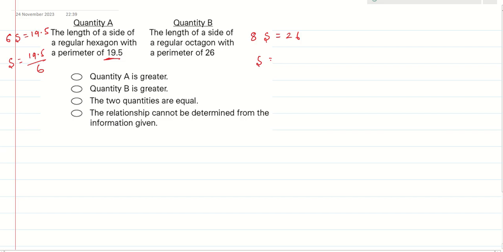So S equals 26 by 8. Which is greater? Which is greater? Correct. Equal. Right? So people here also get confused looking at the value, no? So many will say that the second is more, but careful. The answer is good.